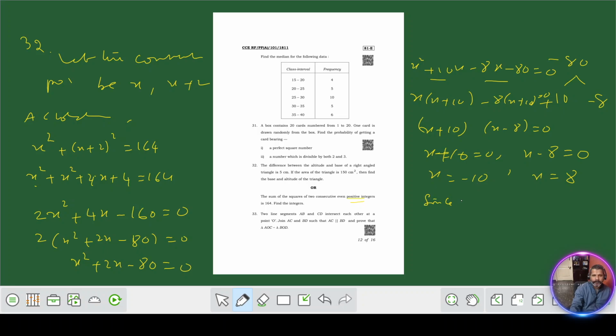Since the required number is a positive integer, x equal to 8 is the value. Therefore, x is equal to 8 is one answer. x plus 2 is 10. Required numbers are 8 and 10.